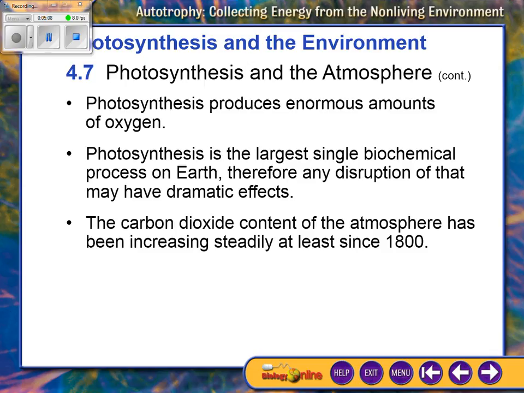But carbon dioxide content in the atmosphere has been steadily increasing since the 1800s, and this correlates to the Industrial Revolution. Yes, it can go up and down. You remember the presentation we went to? It is increasing at an alarming rate, and that's going to affect life.